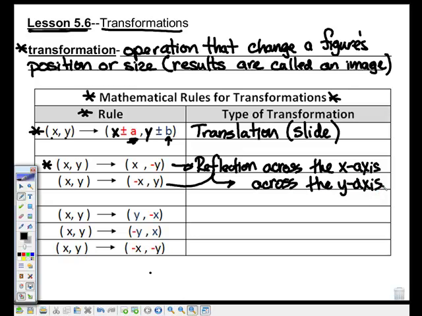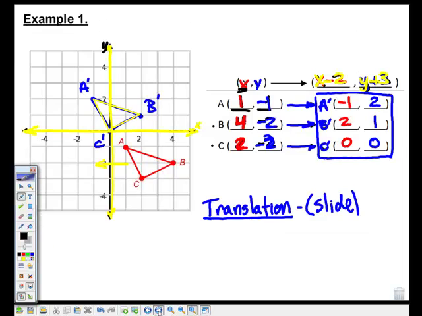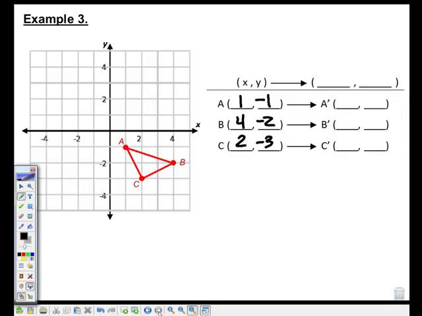Alright, so for example 3 now, if we drop down here and we check out what a rule like that one will do, on the back side of your paper you have room for this last example. Once again, we have the coordinates of A, B, and C already written in. And if we're looking at the rule, we're going to take x, y and turn it into y, negative x.